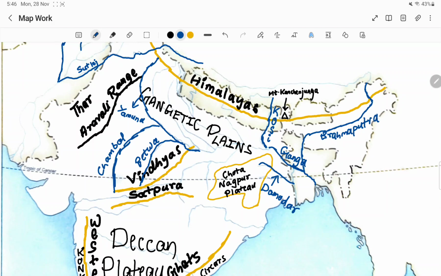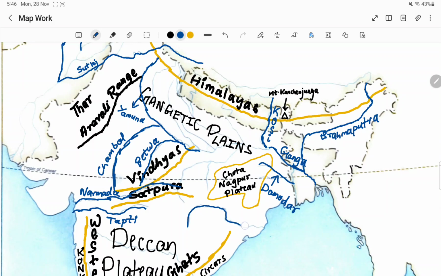After this comes the Narmada river. So this is the Narmada river. Next is the Tapti river. So right below it comes the Tapti. Now after this, the next topic will be Mahanadi.